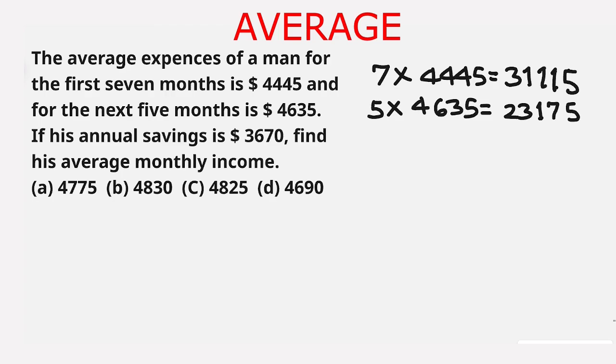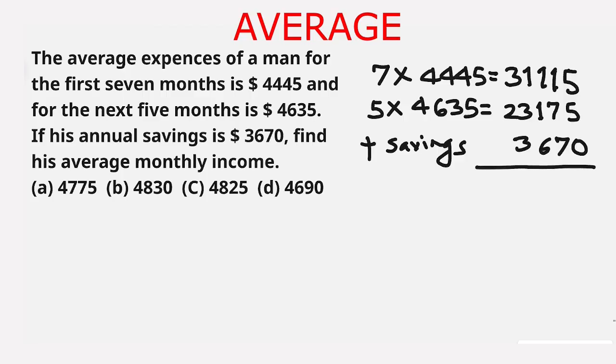Now if we add his annual savings to this, it will give us the annual income. So the savings is 3,670. Now we add all these three to get the annual income of the person. 5 plus 5 is 10.